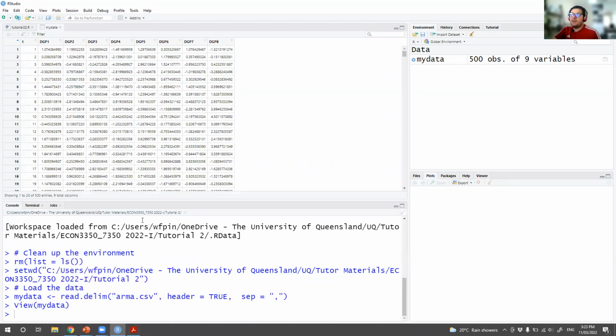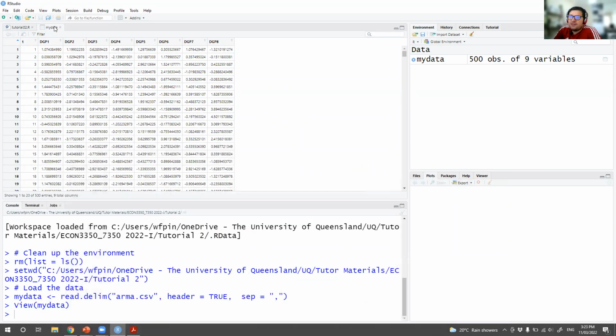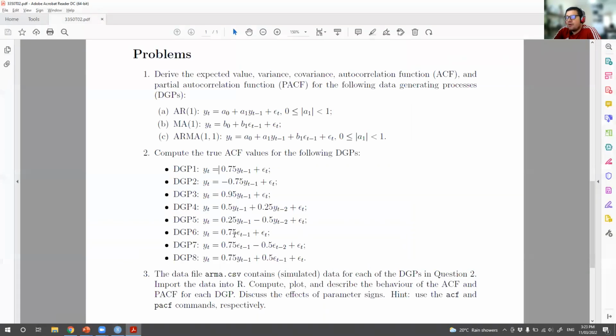That's what we mean by simulated data. And same for 2, 3, 4, 5. They were all simulated to yield these numbers when you run the model with this particular specification. So if you take data generating process 1 and model it using ARMA(1,1), the number was going to be different. But if you model using AR(1), the alpha 1 would be equal to 0.75.